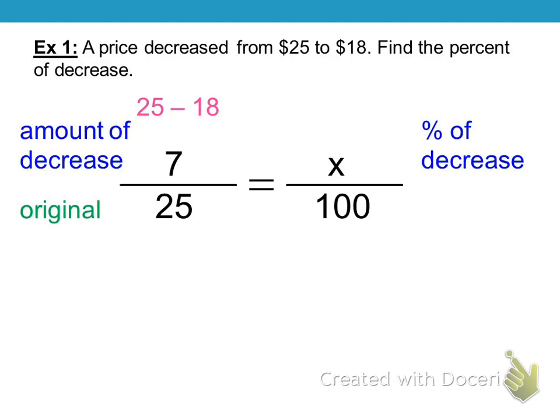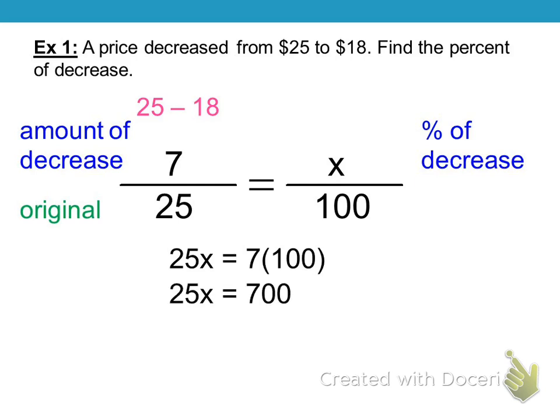Okay? So I'm going to cross multiply. I get 25x equals 700. And then we divide both sides by 25. And we get 28. Very good.